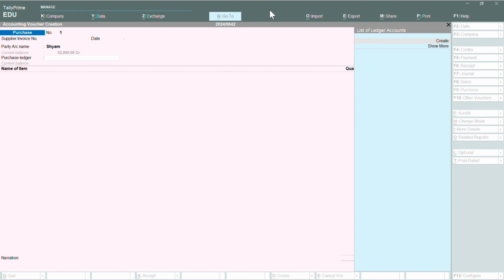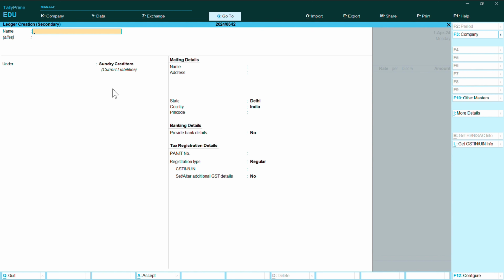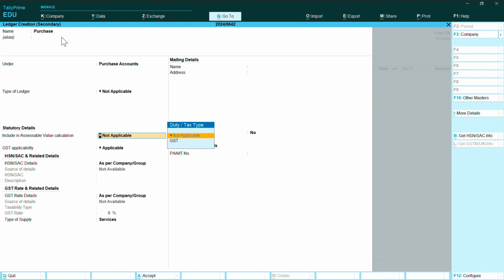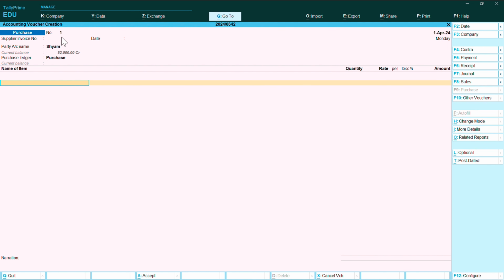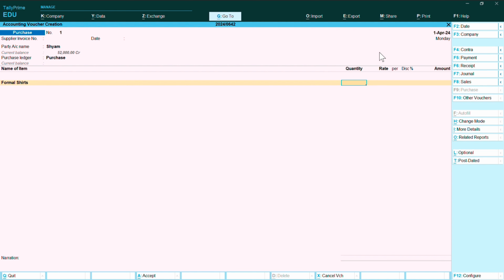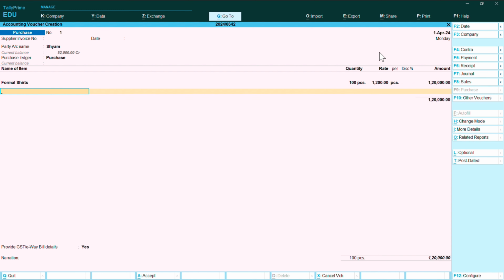Currently we don't have a purchase ledger, so first we need to create it by pressing Alt plus C. Here we also don't have the input GST ledger, so first we need to create them by pressing Alt plus C.